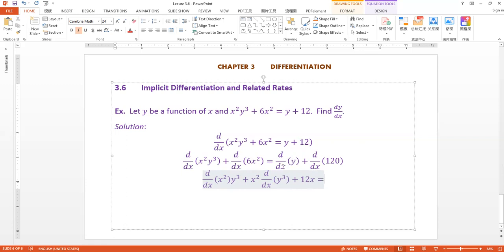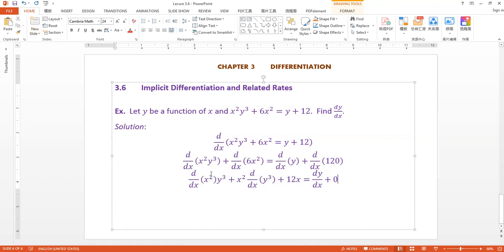Remember, y is a function of x, so we just keep it as dy over dx. The other term is just 0 on the right-hand side. Now everything becomes straightforward except the first term.